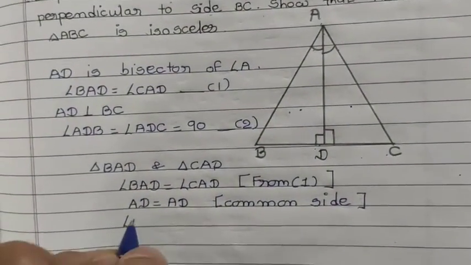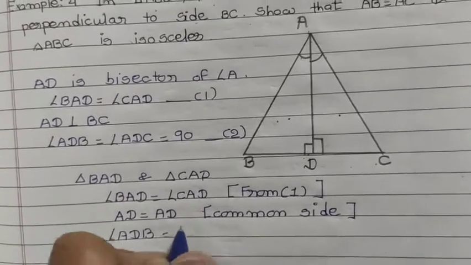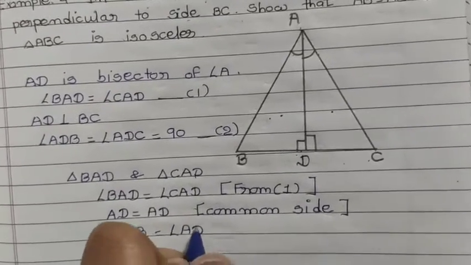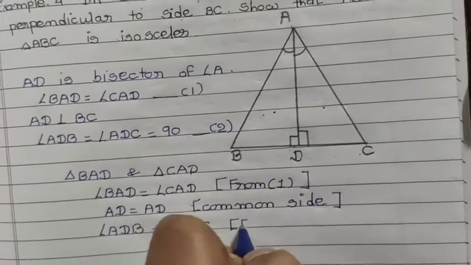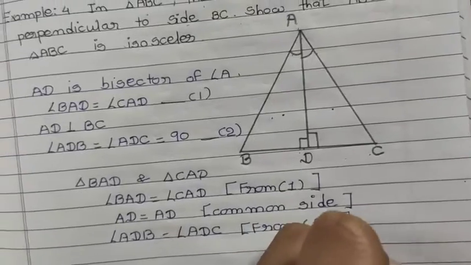And last, angle ADB is equal to angle ADC, and these two are equal from result number 2.